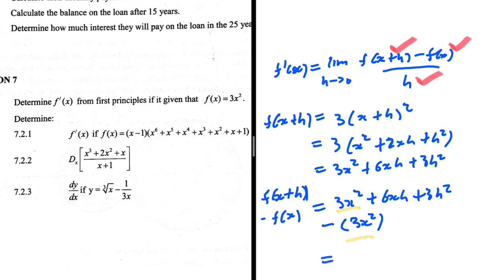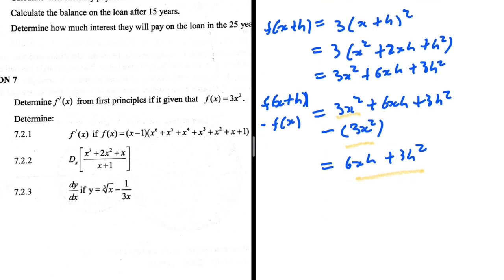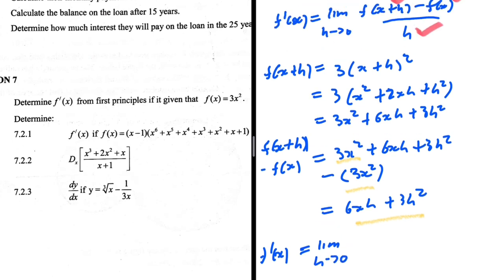We're going to be left with 6xh plus 3h squared. We can then substitute these back into the equation. We get f prime of x as the limit as h tends to 0 of 6xh plus 3h squared, everything divided by h. We have solved that numerator, right?